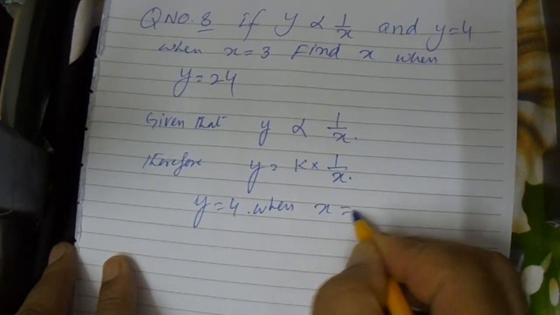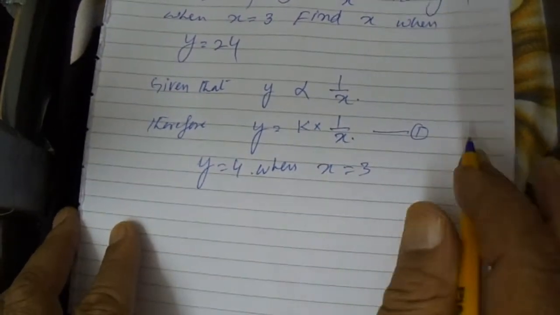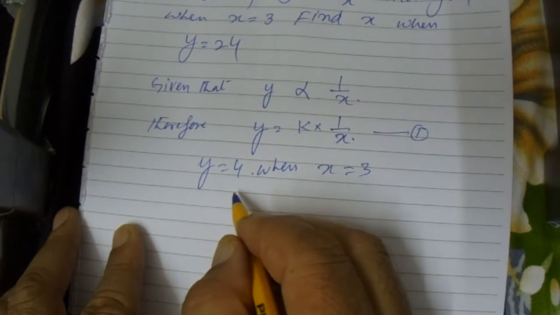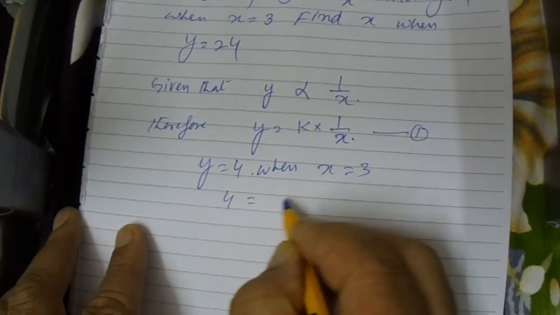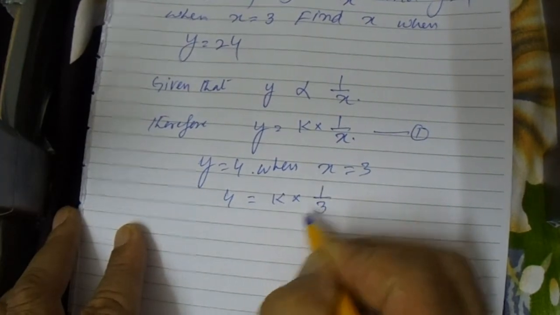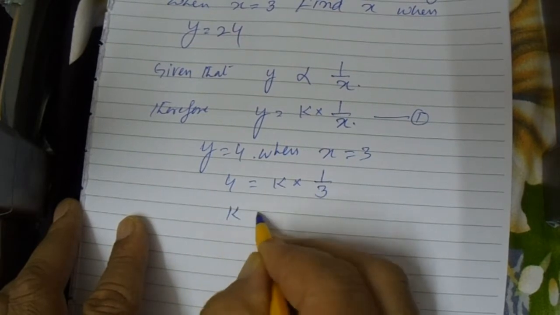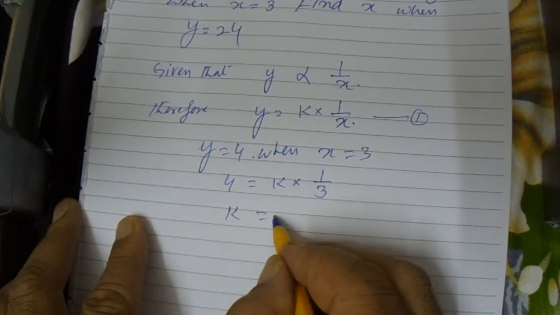Putting this value in this, we find the value of k. 4 is equal to k multiply 1 over 3, and k is equal to 4 multiply 3 is equal to 12.